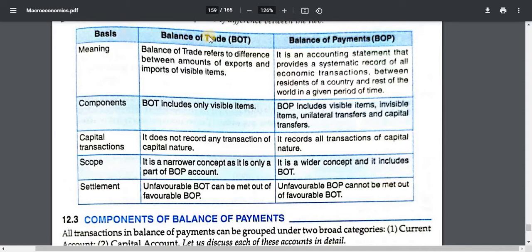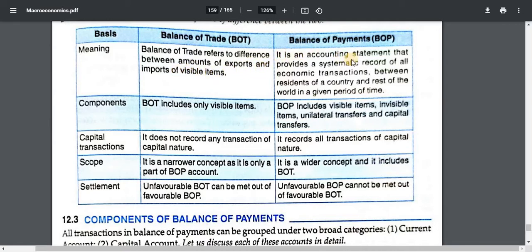Basis: balance of trade, BOT; balance of payments, BOP. Meaning: balance of trade refers to the difference between the amounts of exports and imports of visible items.